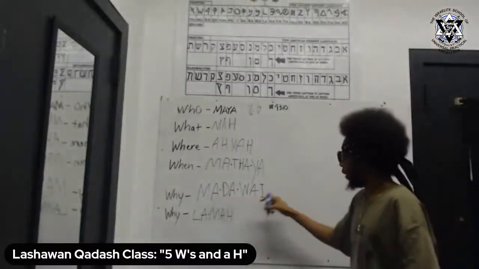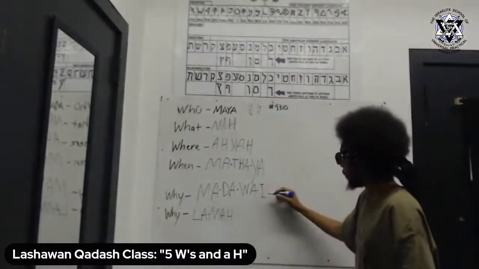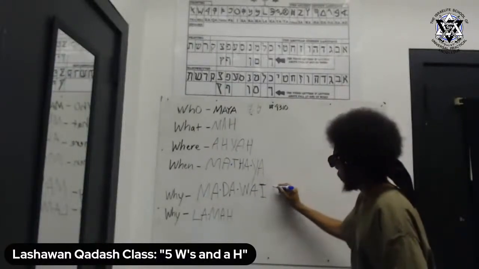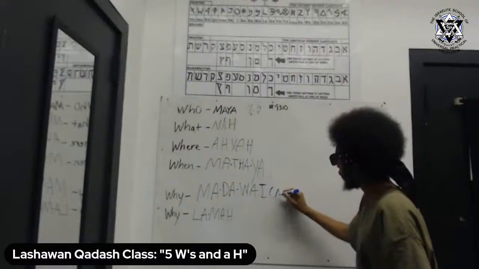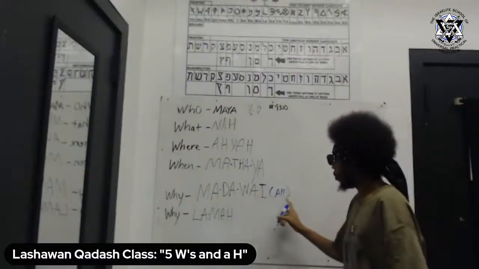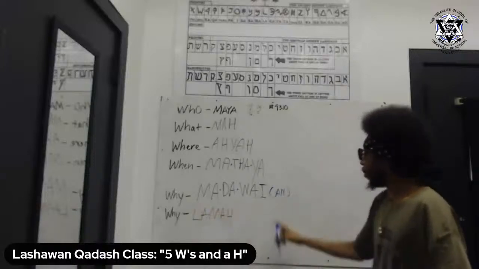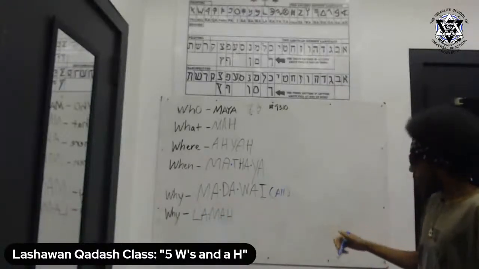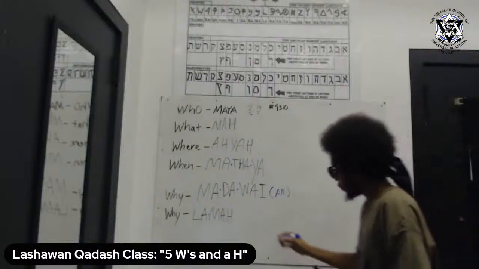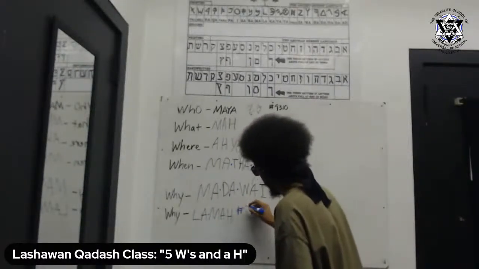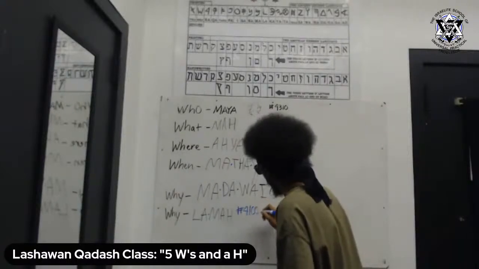Now, mother Y, when you use this context, you want to think about all. So you want to include all people. Now, as far as Lama, this is the coordinates 4100.